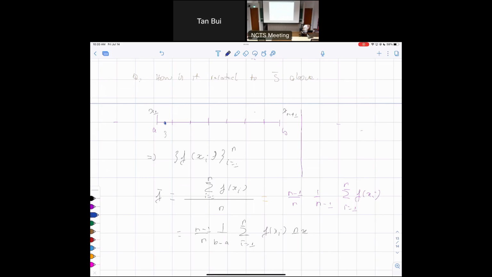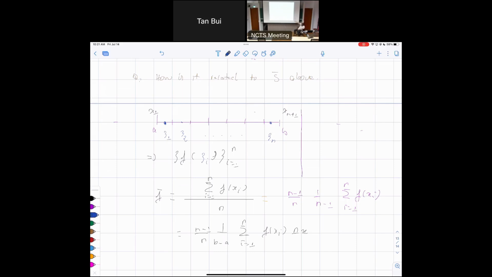Then this is c1, and then c2, dot dot to cn, i from 1 to n. This is now much better.